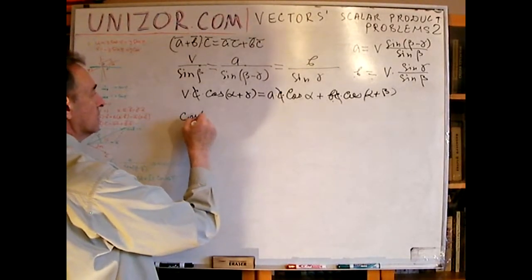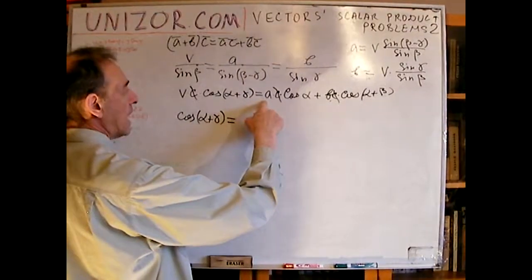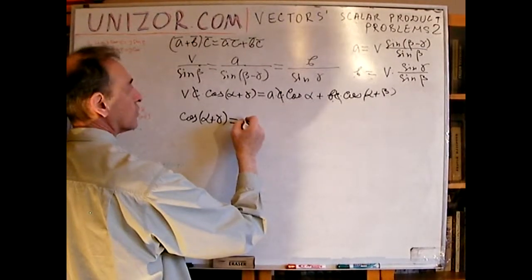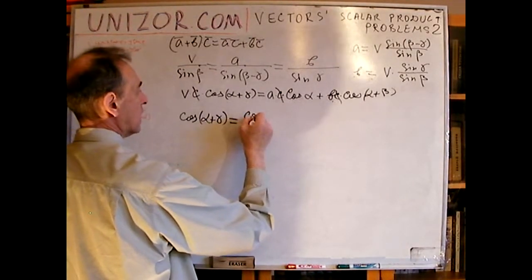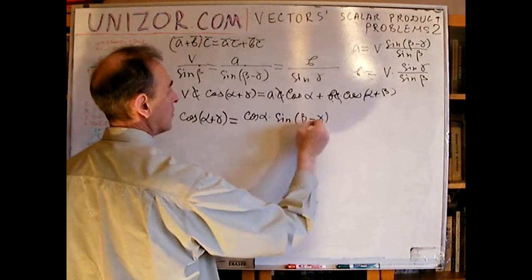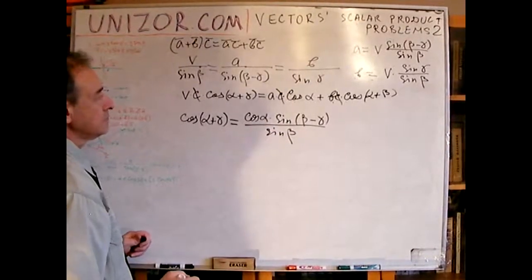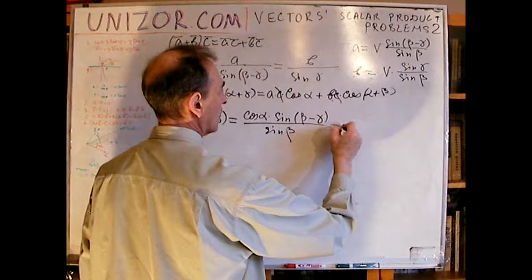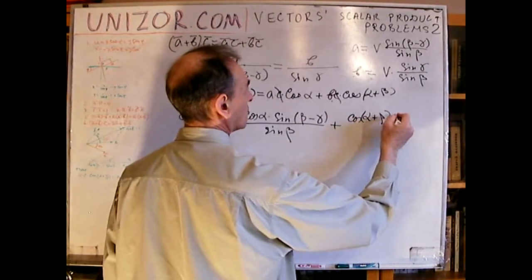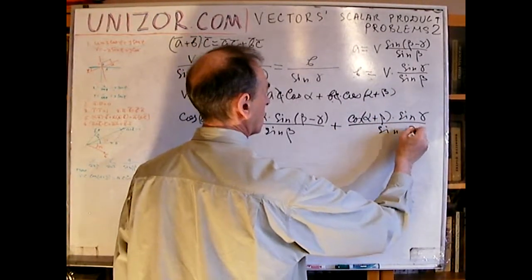So cosine of alpha plus gamma equals, instead of A, I will put this. So the cosine of alpha will remain. So it will be cosine of alpha times sine of beta minus gamma divided by sine beta. And here I will have cosine of alpha plus beta times sine gamma divided by sine beta.